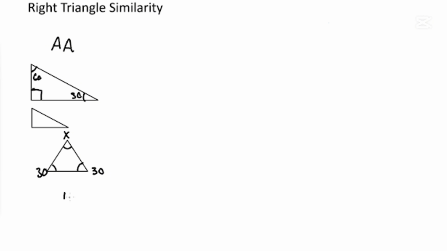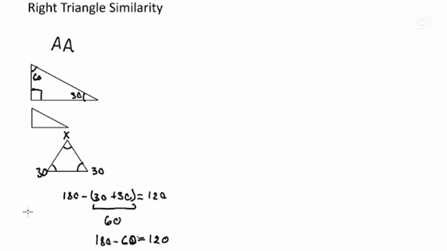So we can say 180 minus, well, we have 2 30s, so 30 plus 30 is equal to 60. Looks like a 6E, if you're asking me. So we know that's 60, and 180 minus 60 is equal to 120.